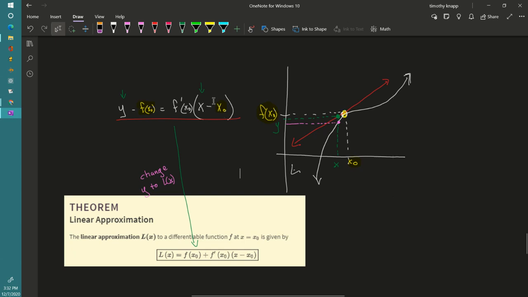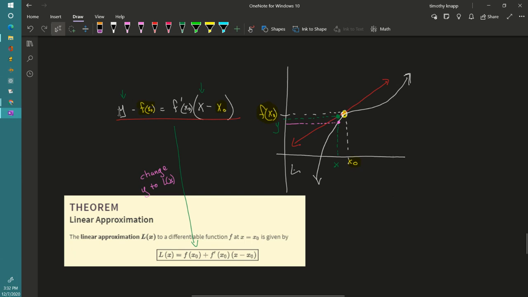Now, these little green arrows signify that it's a point. These two green arrows, this x and the y, is a point on the tangent line. But it's just a little bit away from this point on the function.